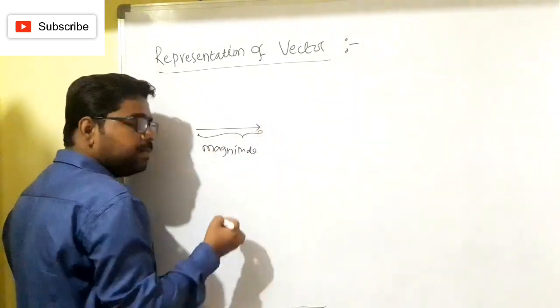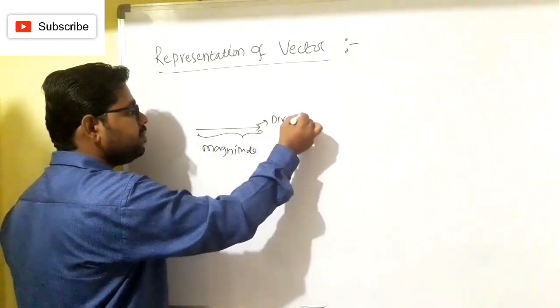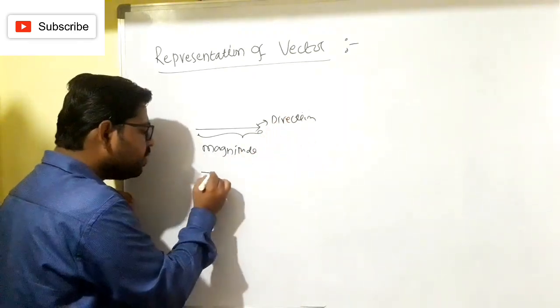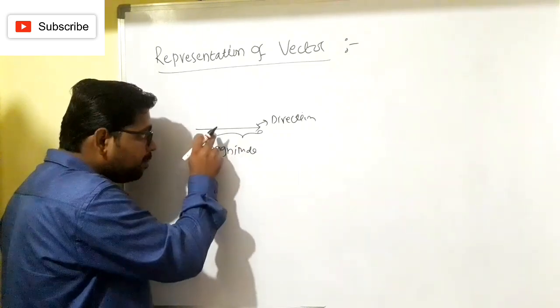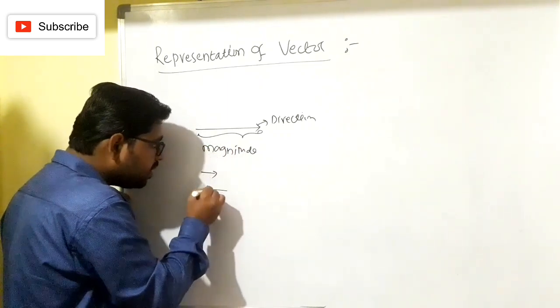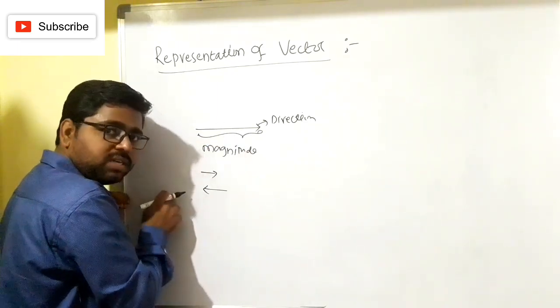And this arrow symbol signifies direction. If it is only this much, both are in the same direction, but compared to this the magnitude is less. And this one, compared to this, has smaller magnitude but opposite direction.